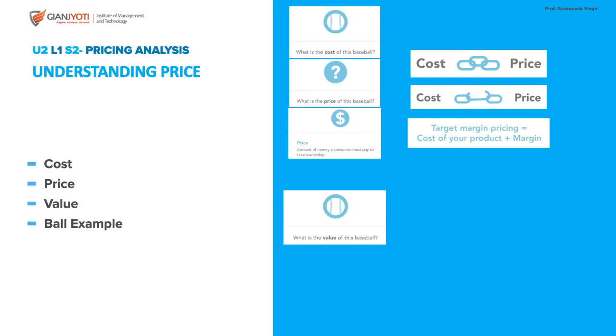And whosoever was coming, they were saying this ball is the one which was used in the finals of the Cricket World Cup. So that is the value. So if my son has won the match, the value of this ball to me is very high. Whereas the value of this ball to you, because your son has lost the match, is not that high. So that is what we are talking of, the value of this baseball.